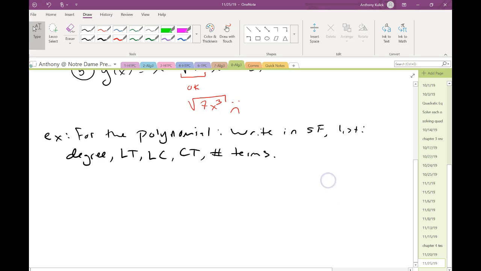All right, so for the next example, you're going to write the polynomial in standard form and then list the degree for the polynomial, the leading term, leading coefficient, constant term, and number of terms.